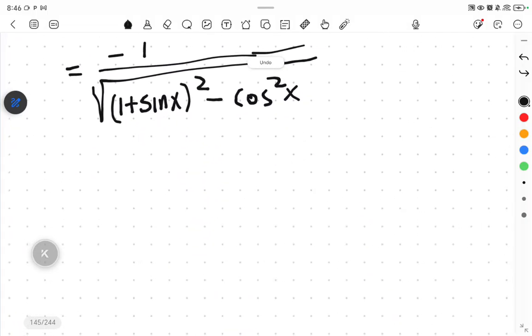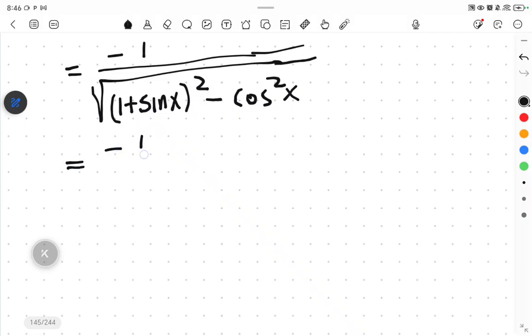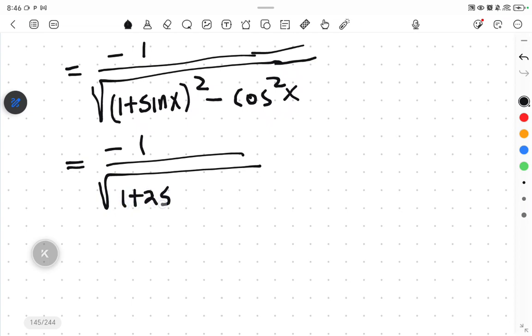And this will be equal to minus 1 over, now I expanded this one, 1 plus 2 sine x plus sine squared x minus cos squared x.